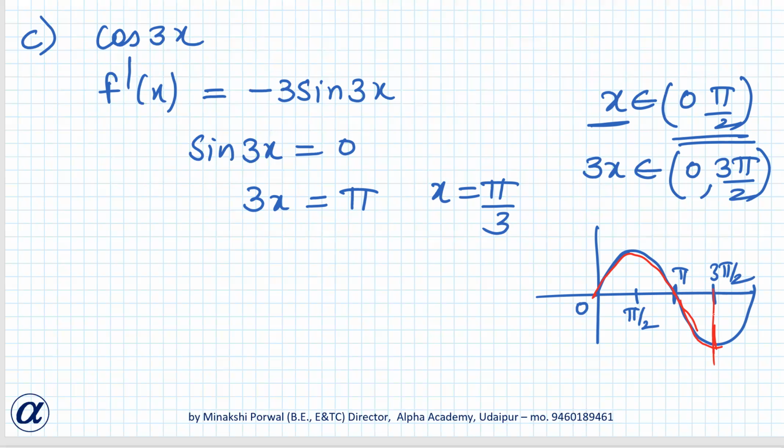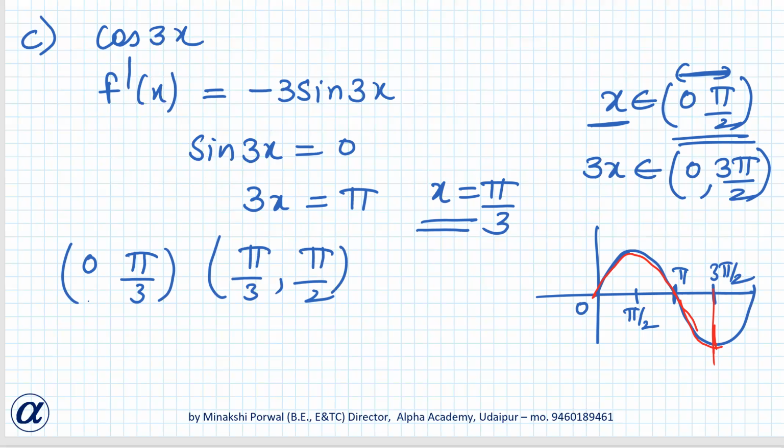So when we get x equals pi by 3, the interval from 0 to pi by 2 will be divided into two disjoint intervals: from 0 to pi by 3 and pi by 3 to pi by 2.